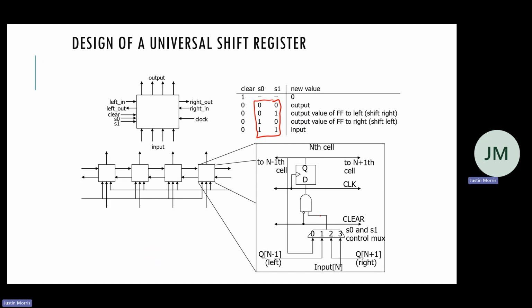If I am 0, 1, I'm going to get the data from the left, my left flip-flop, because I'm connected to all of these flip-flops, right? So I'm going to get this data. And if I put that data into my flip-flop now, that is a shift to the right, because I got the data from the left.